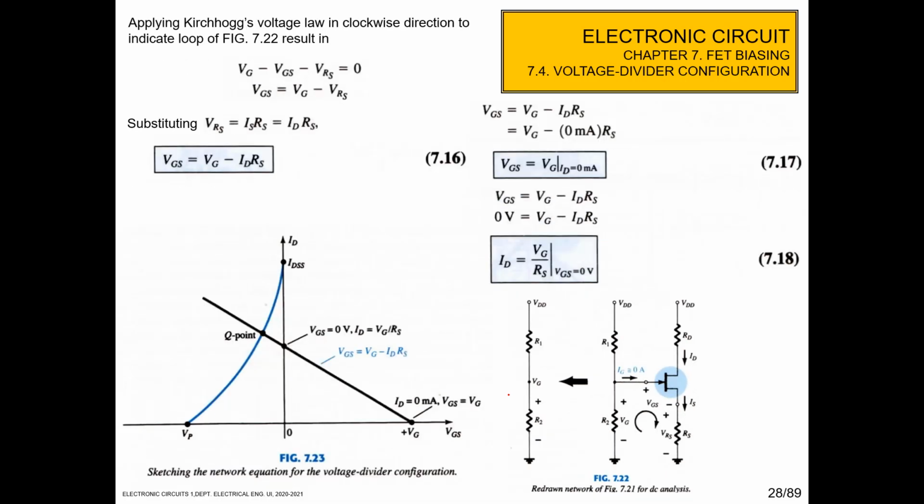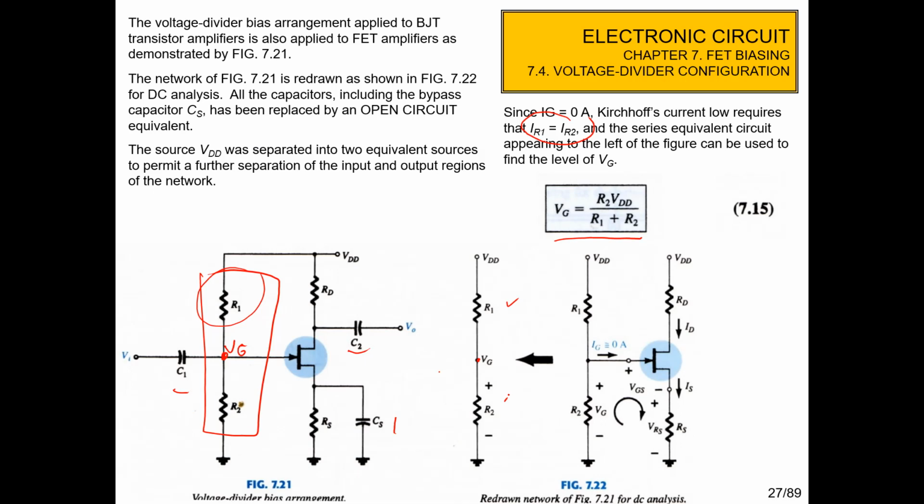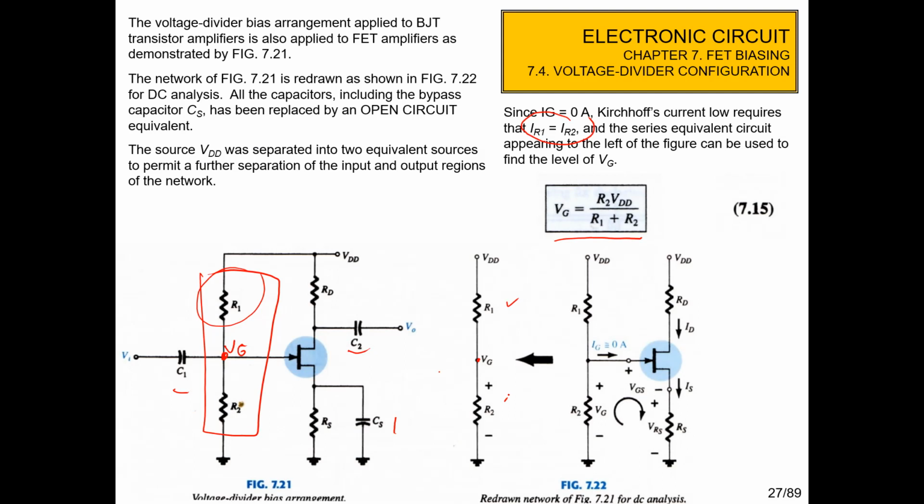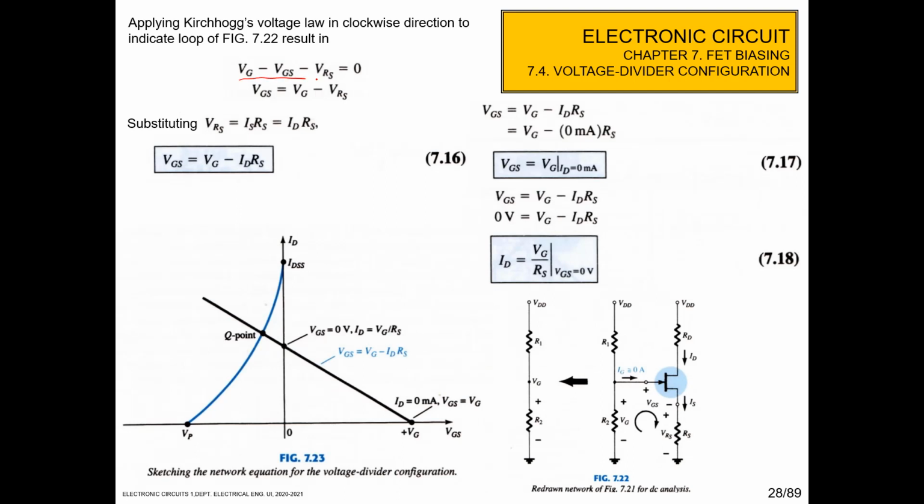We see that this is the VG, from this node to the ground. Then we can apply Kirchhoff's law in this loop: VG minus VGS minus VRS is equal to 0.